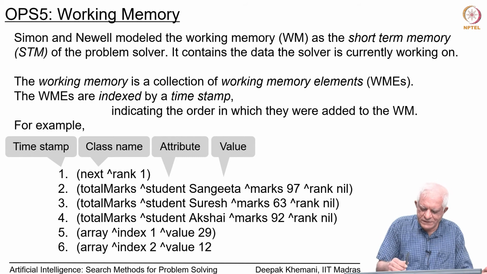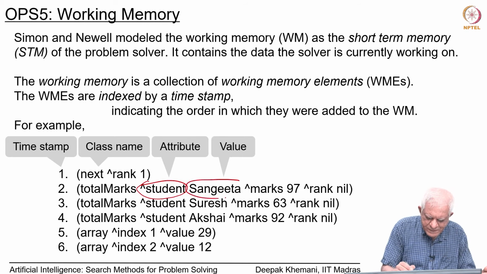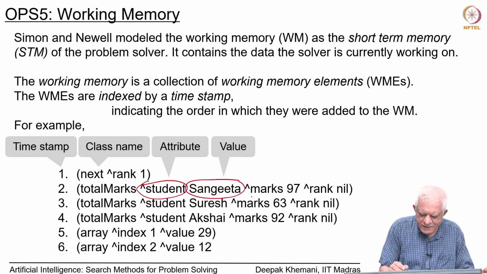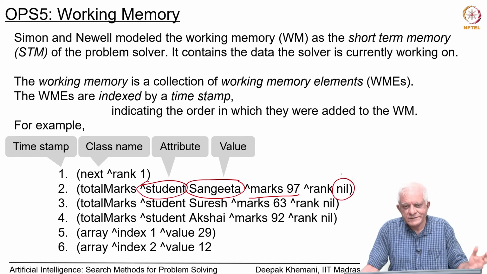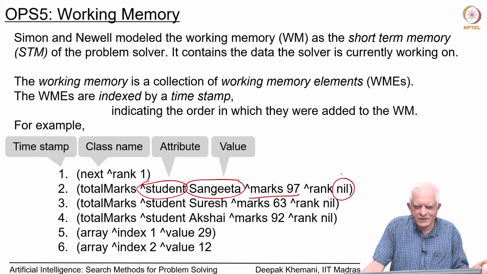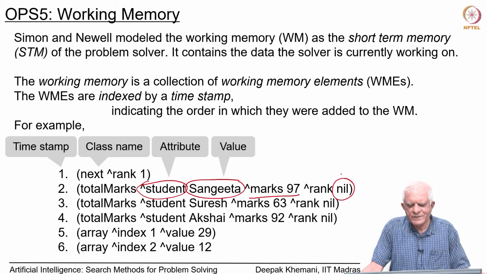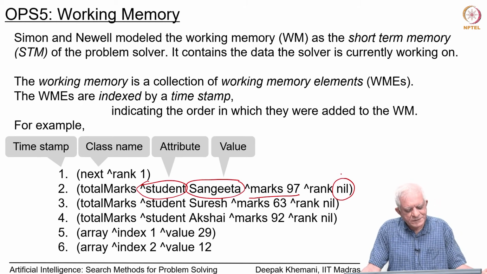So, what we have seen here is, for example, the attribute student has the name Sangeeta, the attribute marks has a value 97. Some attributes have nothing in them, so they are just stored as nil. So, you can imagine that this is part of some data that you would use when you grade students for their courses and assign ranks and things like that and so on and so forth.